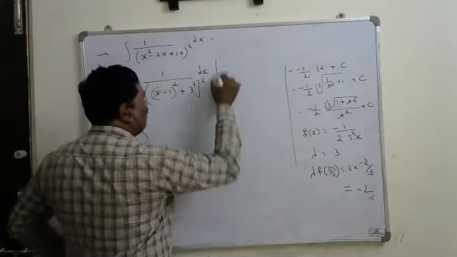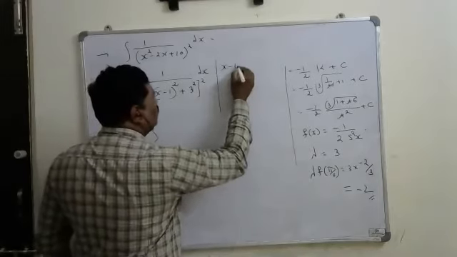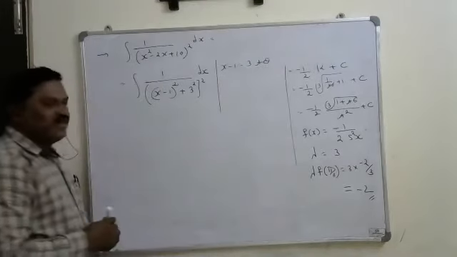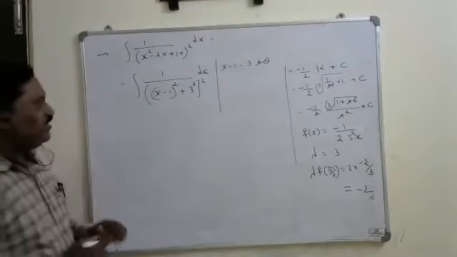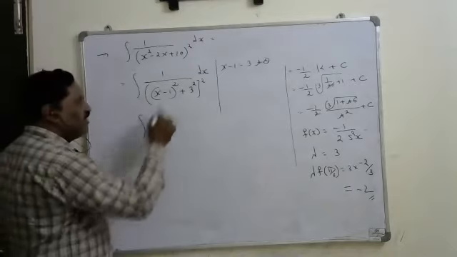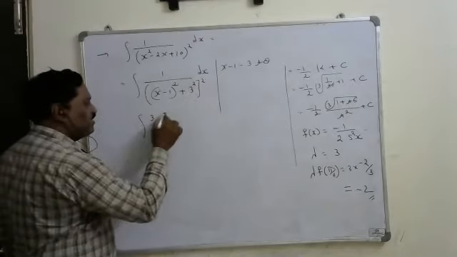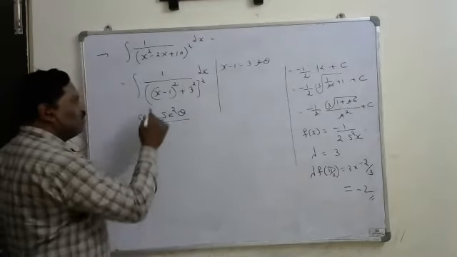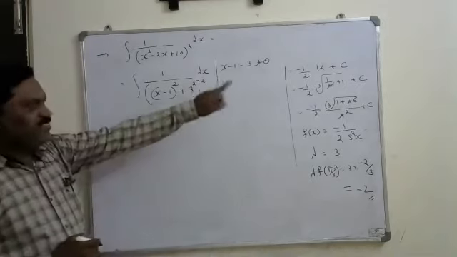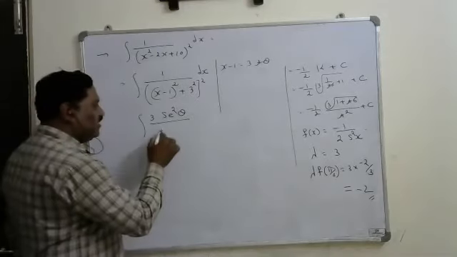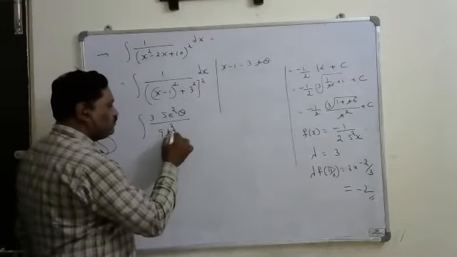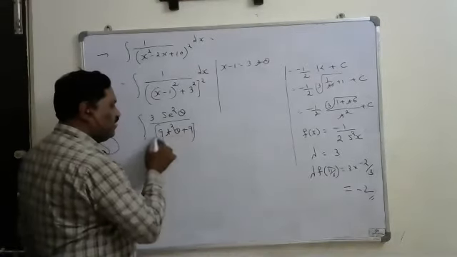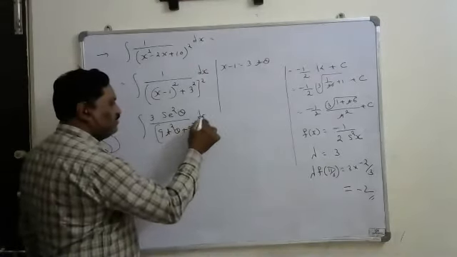So we will take x minus 1 is equal to 3 tan theta. If you differentiate it, dx is equal to 3 secant square theta d theta upon (3 tan theta) whole square, that is 9 tan square theta, plus 3 square means 9, whole square will be there, d theta.